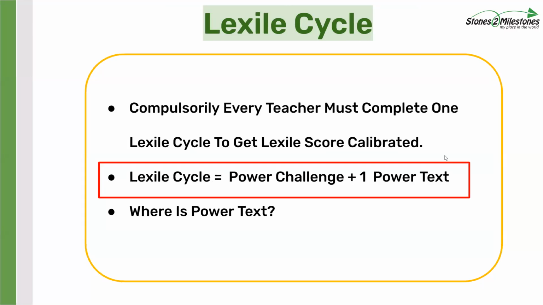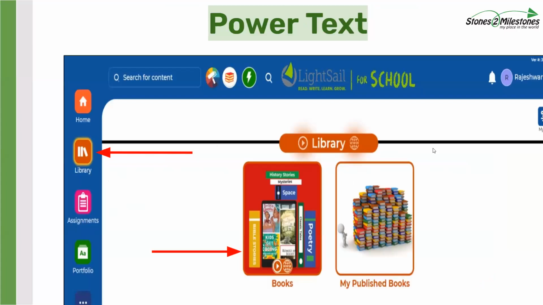Yes. So after you complete your power challenge, you need to take up a power text. That will complete your LightSail cycle. Now, what is a power text and where can I find a power text? When you go to home, you were able to see the LightSail level. You need to click on library, and that will take you to books.